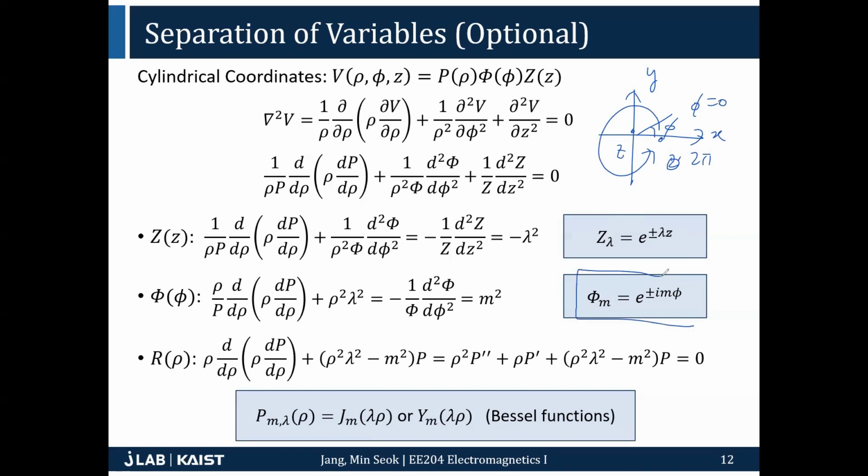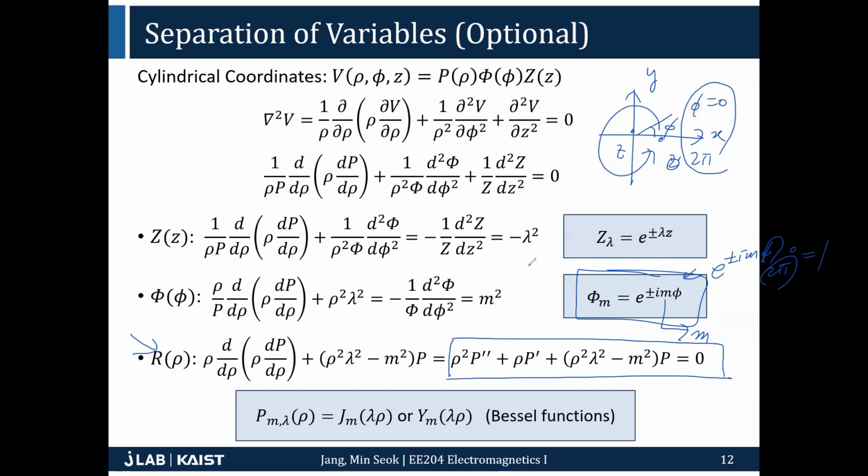So if you look at this function, when m is an integer, this property is automatically satisfied. Okay, e to the plus or minus i m phi, at phi equals 0 and phi equals 2 pi, multiples of 2 pi, they're all 1. So this property is automatically satisfied. So no problem.